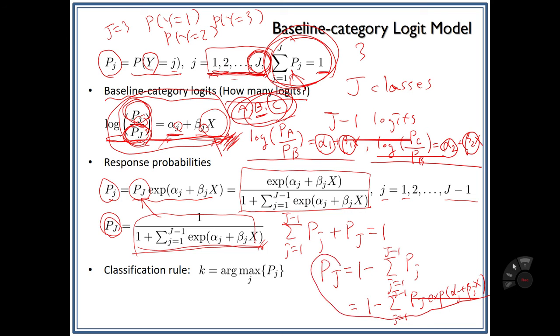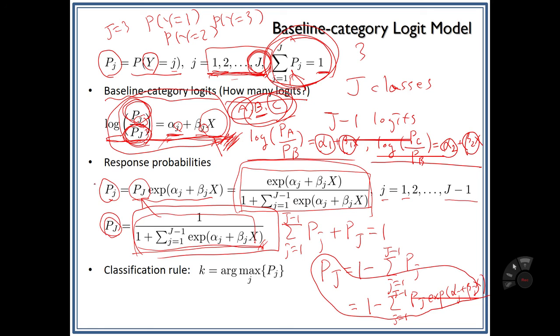So please use this part. Please rearrange this equation so that the left-hand side has p sub capital J, and the right-hand side has the remaining things. Then you're gonna get this one. Oh no, I'm sorry. You're gonna get this one. Okay, can you see that?